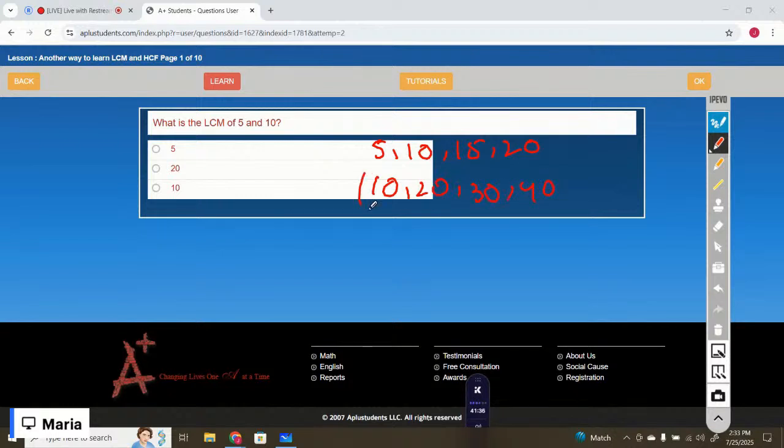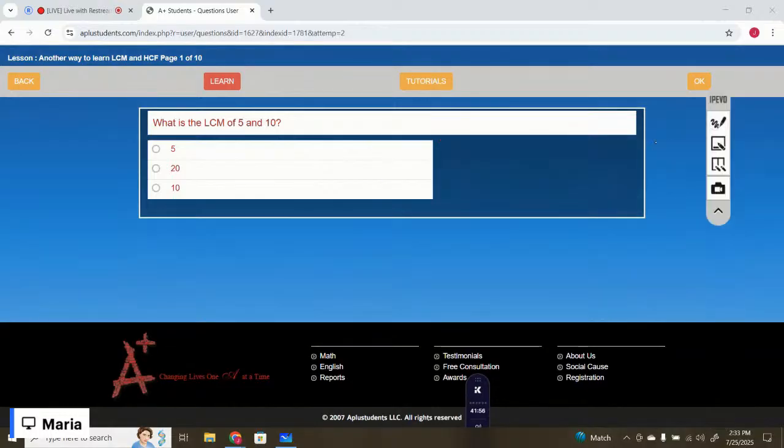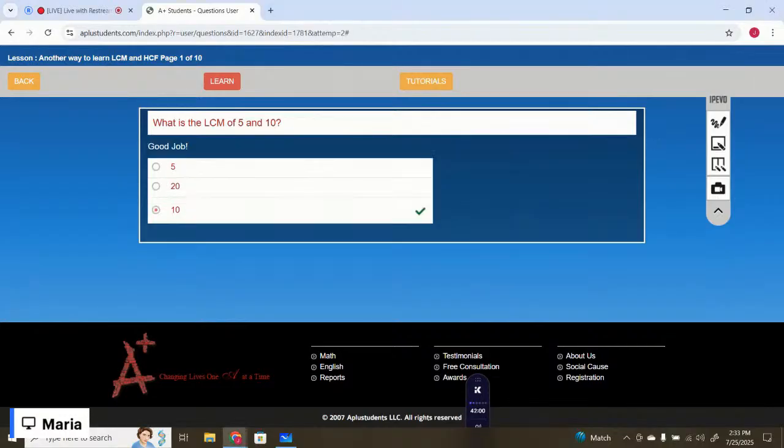So the least common multiple is 10. The correct option is 10. Option number 3 is the correct option.